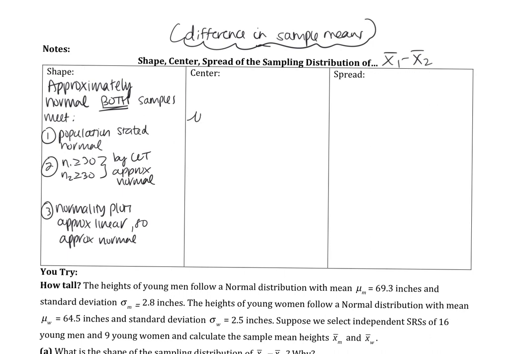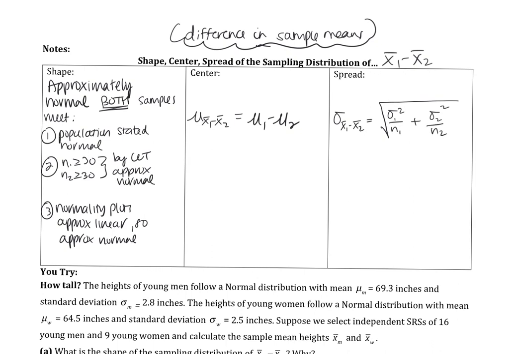The center of the sampling distribution of the differences of means is equal to the parameters, mu sub 1 minus mu sub 2. And here's our formula for standard deviation for the difference of sampling means. We've got a big square root, sigma sub 1 squared over n1 plus sigma sub 2 squared over n2.